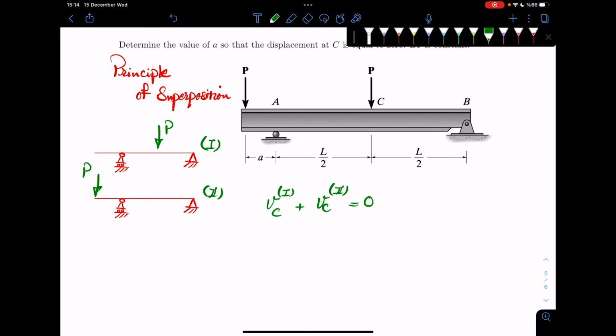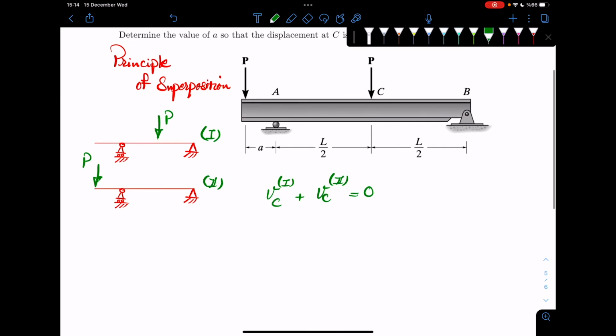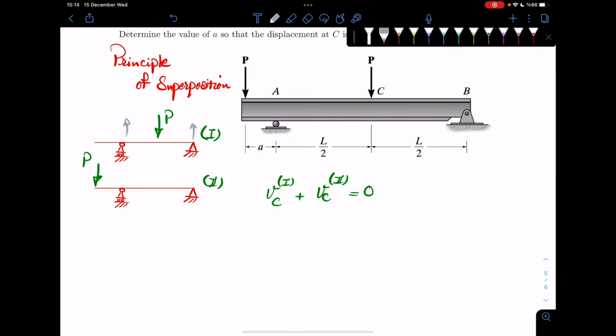I can try to solve it, but I think it is best if I leave it here for the sake of time. But just pay attention that, of course, if you have here P, it's in the center. So the reactions would be P over 2, P over 2. But in the second system, the reactions would be P times (A plus L) divided by L from the left one.